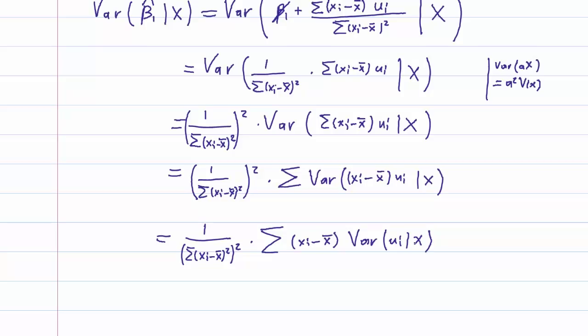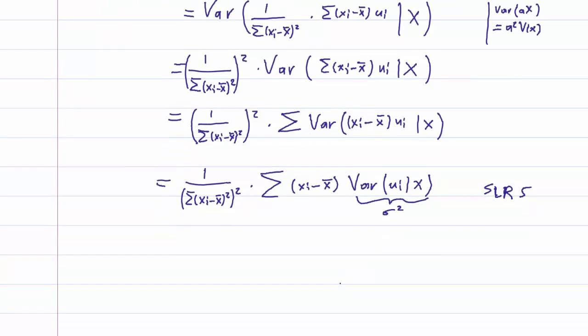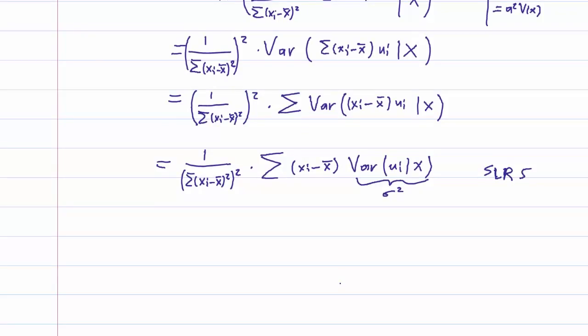And this is the first time we are going to use SLR5, which is that the variance of ui conditional on x is constant and it's equal to sigma squared. We did not need it to prove the unbiasedness of the estimator. We just need it to find the variance.